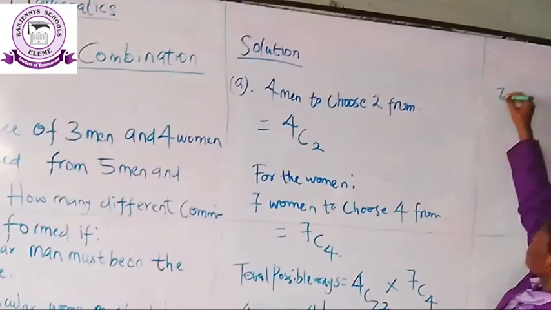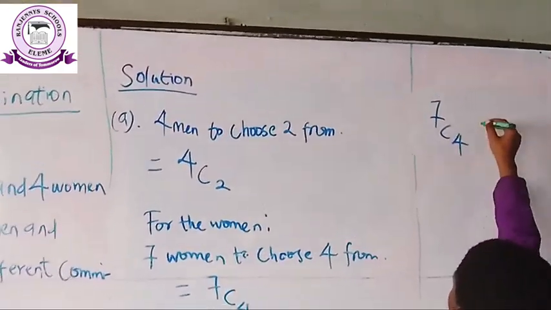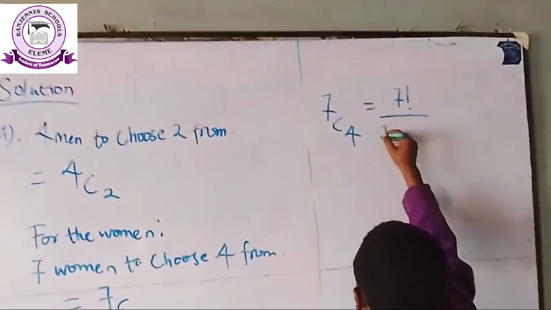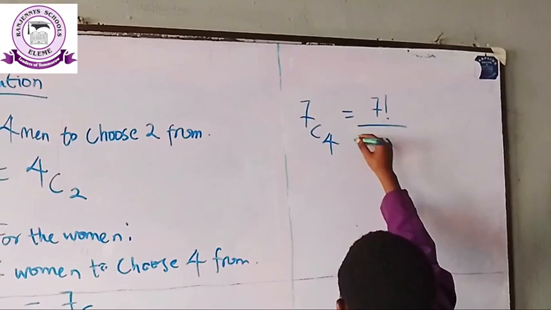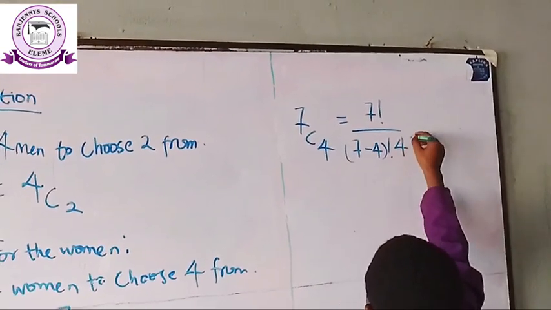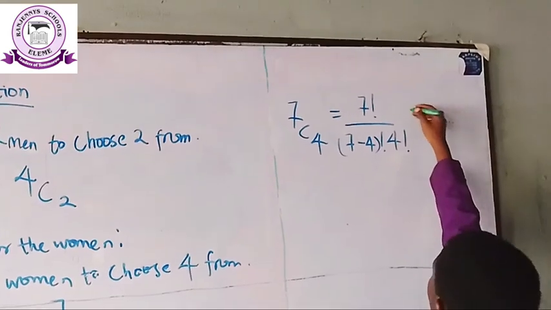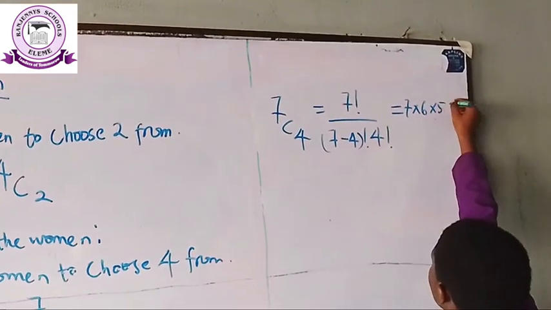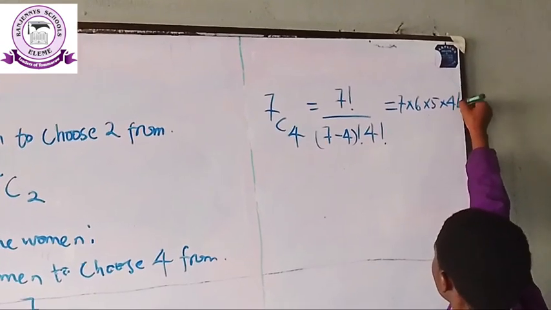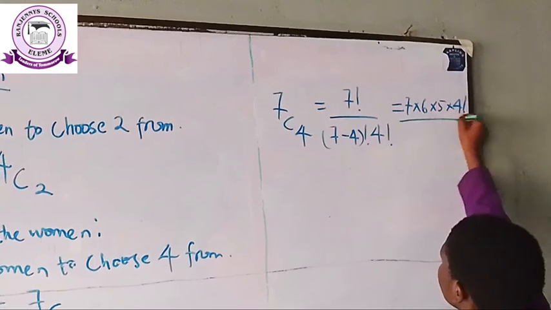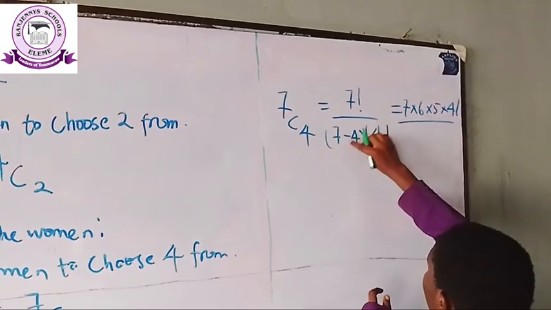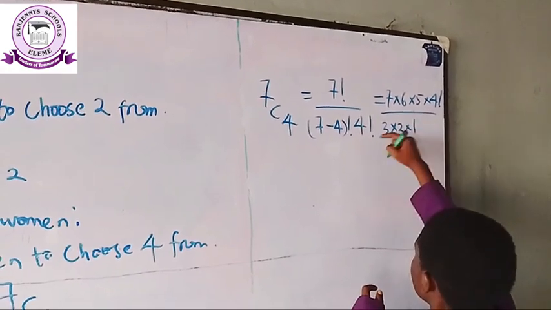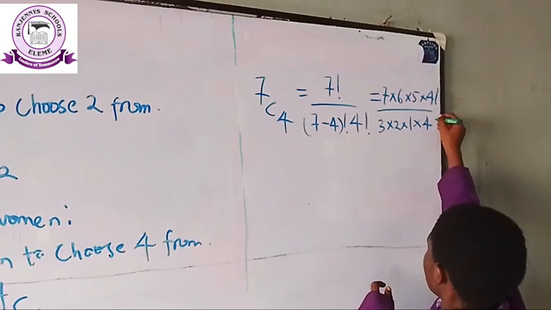Now, 7 combination 4. That is 7 factorial over 7 minus 4 factorial times 4 factorial. That is equal to 7 times 6 times 5 times 4 factorial. 7 minus 4 is 3, so that is 3 times 2 times 1 times 4 factorial.